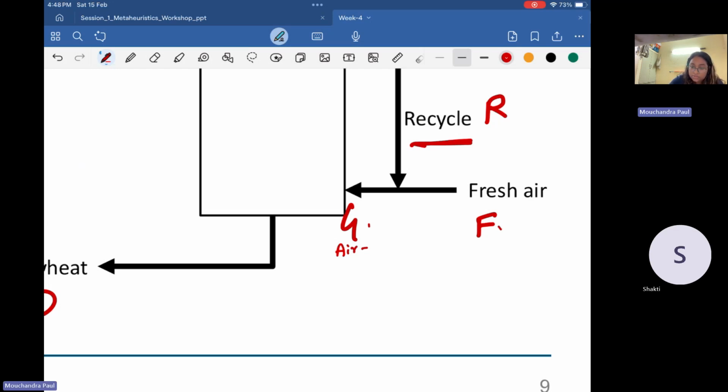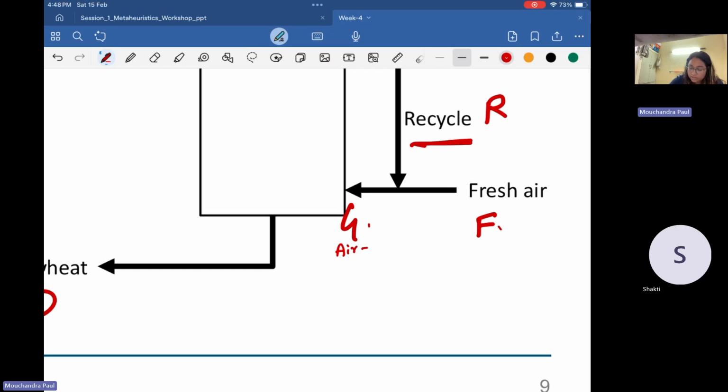28.6433 plus 0.2214, the sum is 28.8647. I'll not write the steps; I guess you are able to understand what steps I'm following.